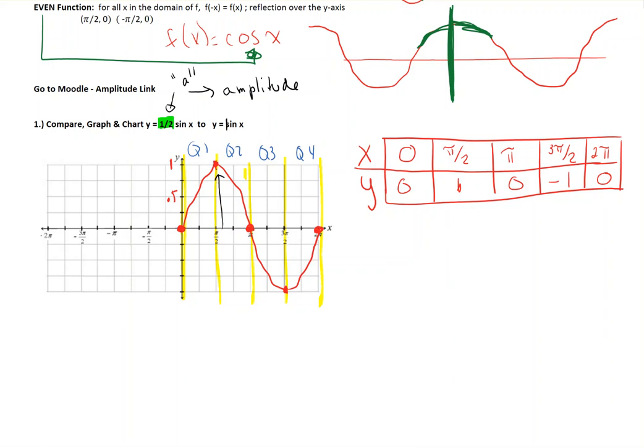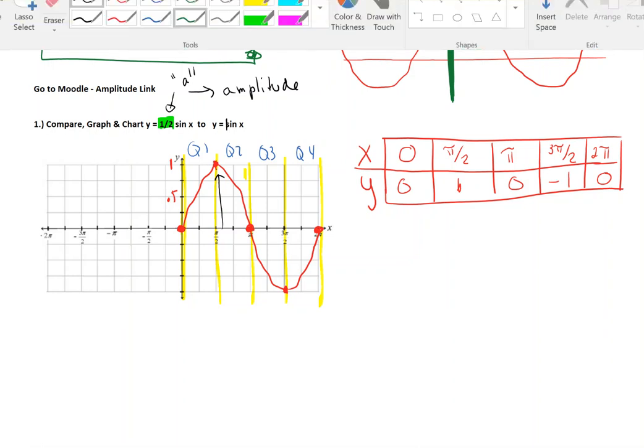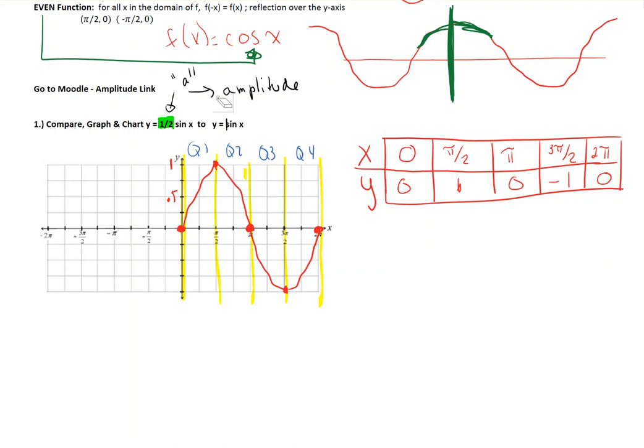This time though, the amplitude is half. So I'm going to show you two different ways you can approach this. One, I can just visualize it. I know nothing else changes except for those peaks. It's going to be half the distance. So I put half there, and then I know it's going to hit at the center. So I'm going to just sketch it here, here, and here.